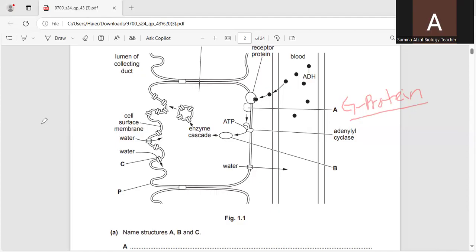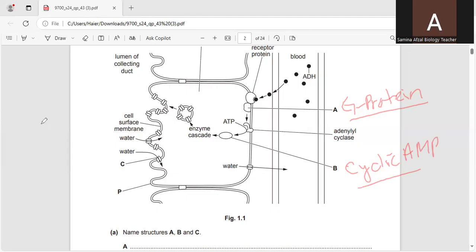ATP is changed into a second messenger, which is B, and it is called cyclic AMP. Cyclic AMP is a second messenger molecule involved in this process.